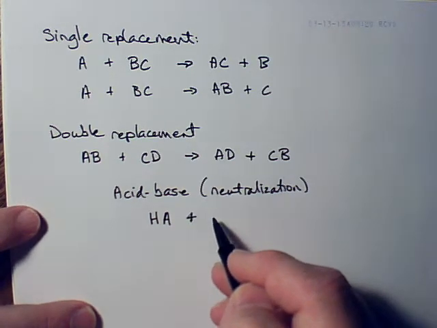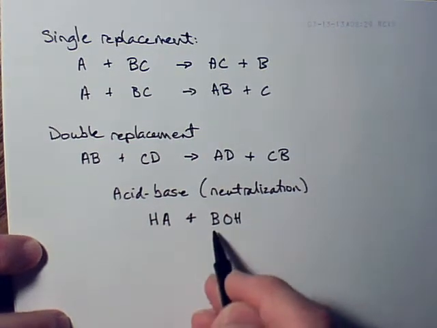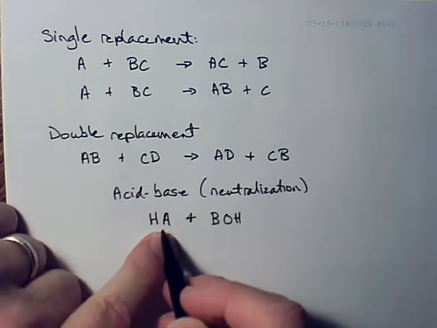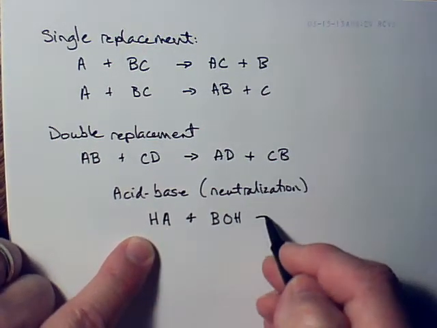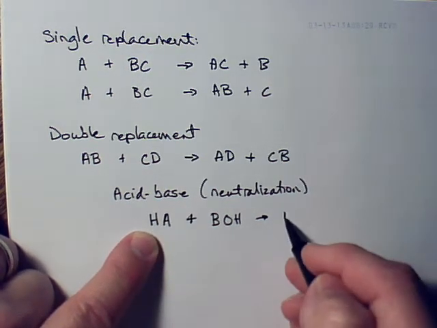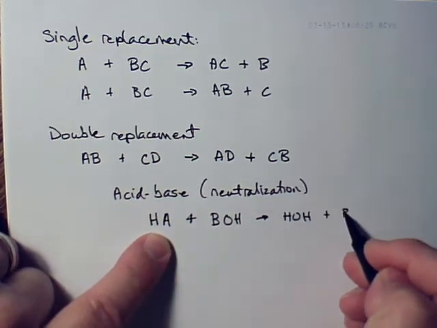And the bases in the Arrhenius definition always have hydroxide on the back. So this B stands for any cation with a hydroxide. The A stands for any anion with a hydrogen on the front. And this is the double replacement, so the front part's going to go with the back part of this. The front part of this goes with the back part of that.